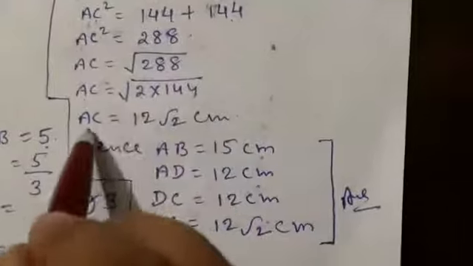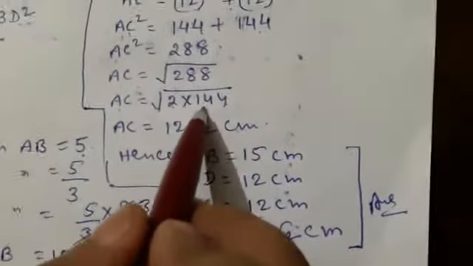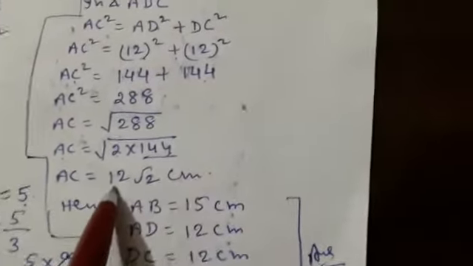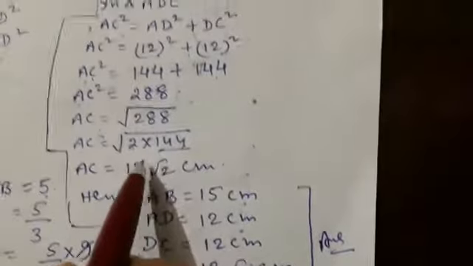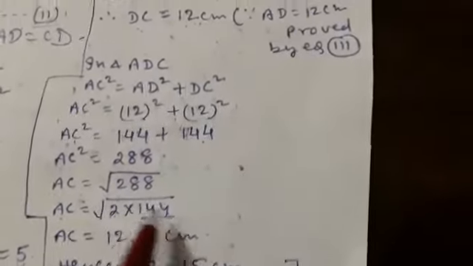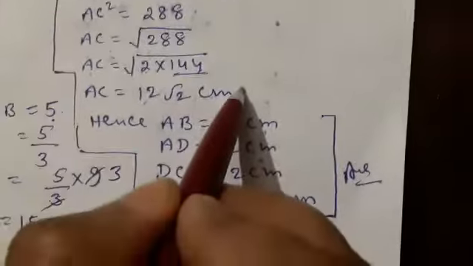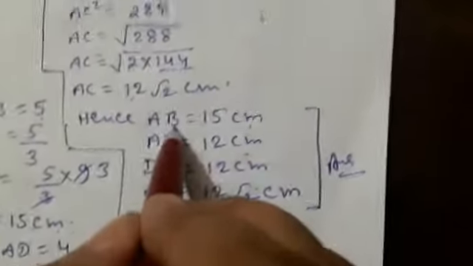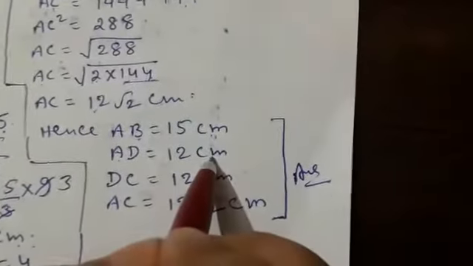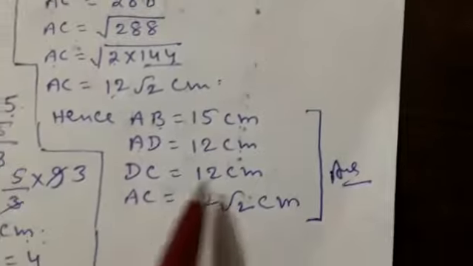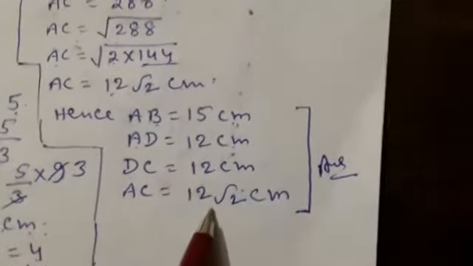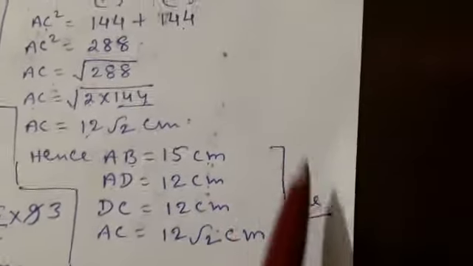So AC is equal to, here square root of 144 will be 12 and 12 root 2 centimeter. This is the value of AC. Hence we can say that AB is equal to 15 centimeter, AD is equal to 12 centimeter, DC is equal to 12 centimeter and AC is equal to 12 root 2 centimeter. This will be our answer.